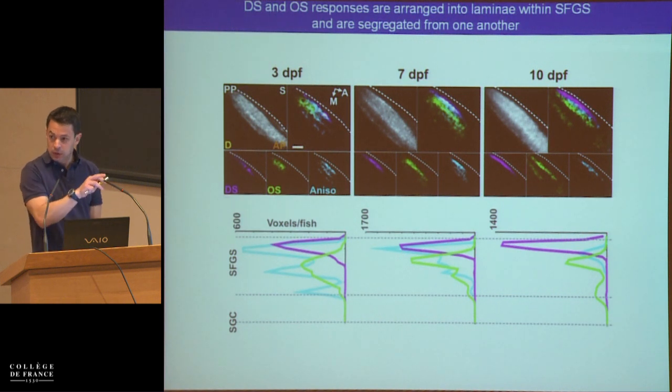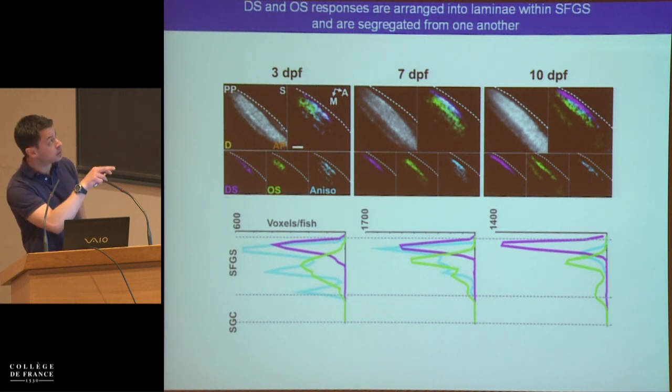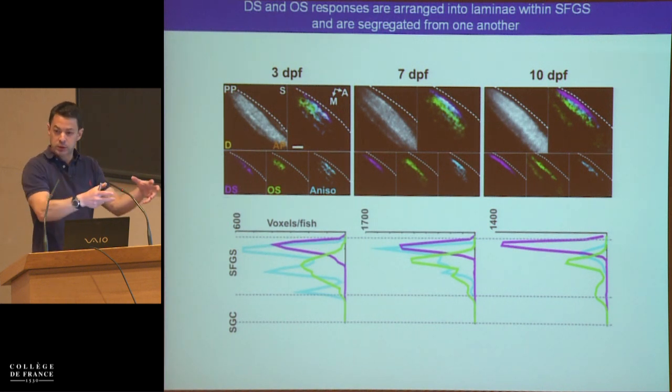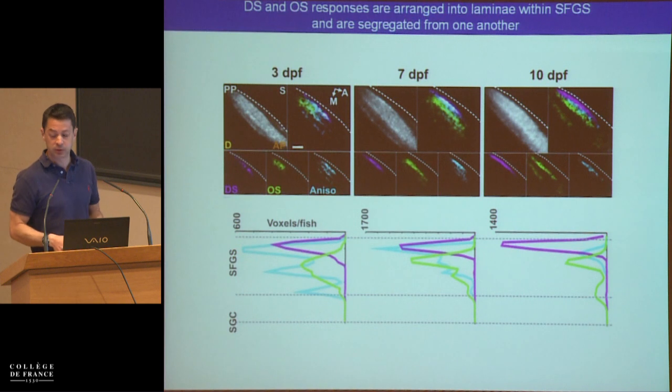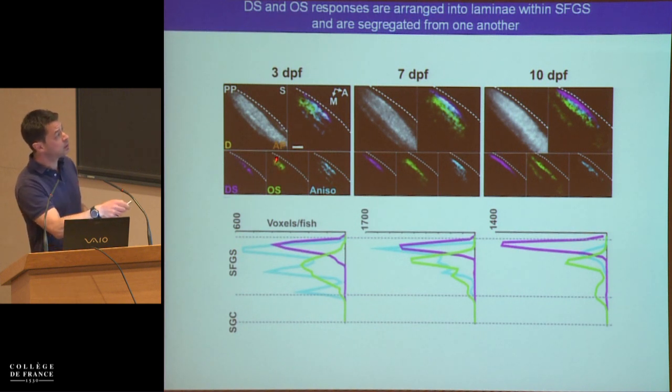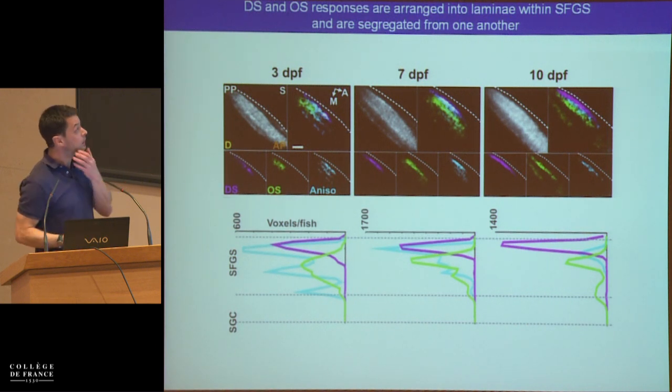Where are they going to in the zebrafish tectum? So to look at this, we made our functional maps. And what we've done in this case is to lump all the direction selective subtypes together and color-coded them magenta. We've lumped all the orientation selective subtypes together and color-coded them green. And these are the spiky turtle-like responses. They're colored in cyan.